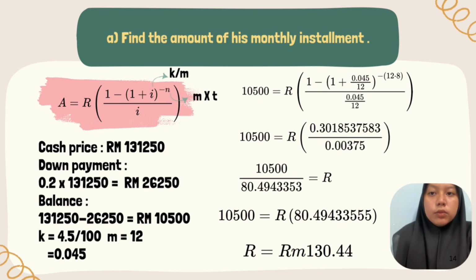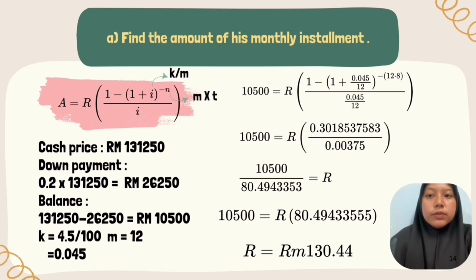Here, we use formula A equals R [1 minus (1 plus I) power of negative n] per I. The cash price is 131,250 ringgit. For the down payment, 0.2 multiplied by the cash price.